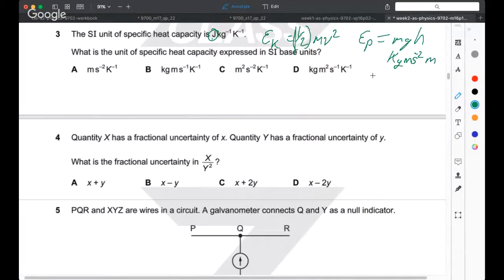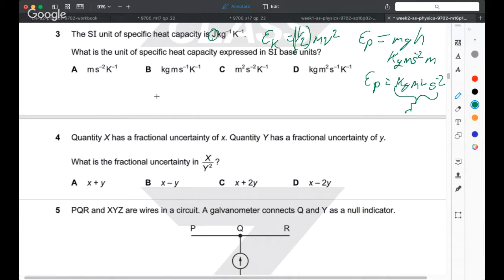So in total, the potential energy is kilograms times meters squared times second to the minus 2. This is called U: kilograms meters squared second minus 2.